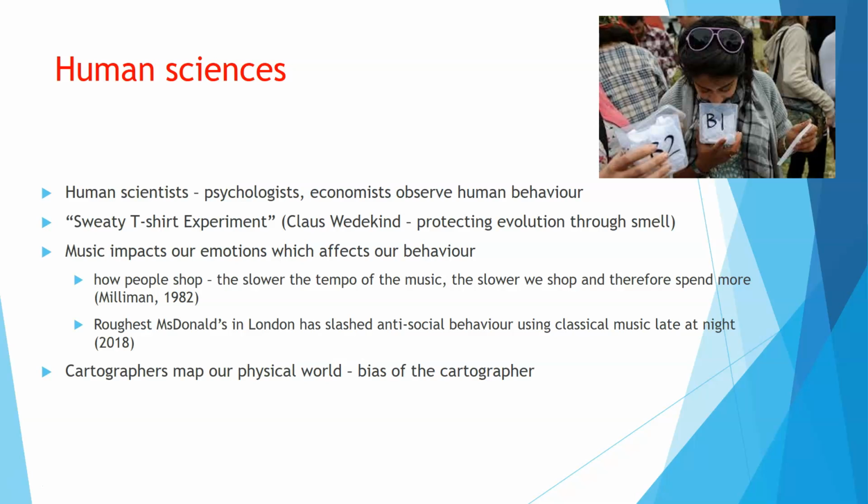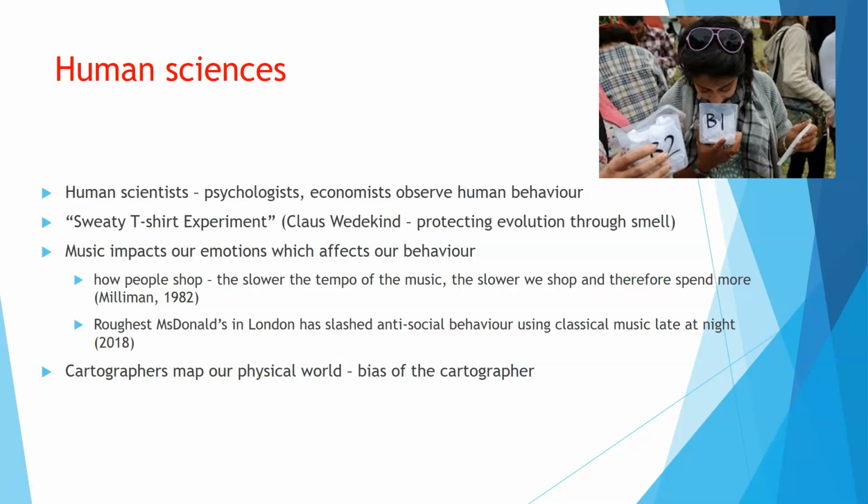Another thing: human sciences isn't just about human behaviour. It is about human behaviour, but you might look at it through geography or economics. Cartographers map our physical world, and it's really difficult for somebody to map the whole world because it is so big, so they would only be able to map parts of it.